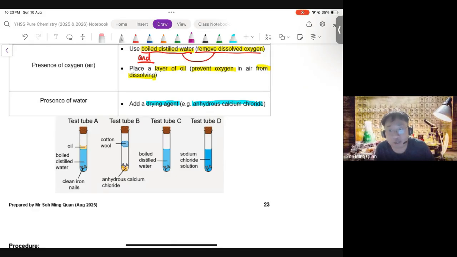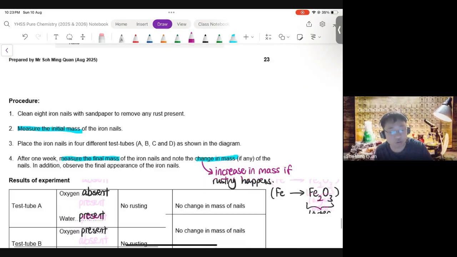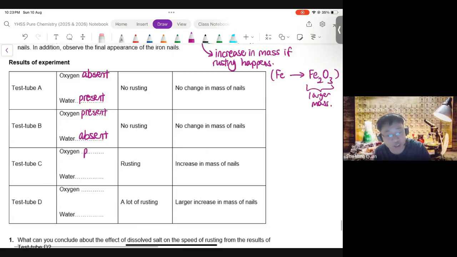You just boil the water, meaning the oxygen in the air can dissolve back into the water. So, in C, oxygen is still present. Water is also present. So, there's rusting. If there's rusting, the mass of the nails will increase. And finally, in D, both oxygen and water are present.